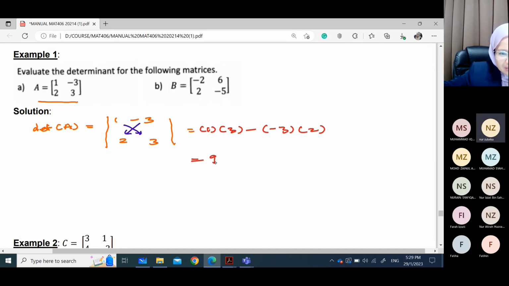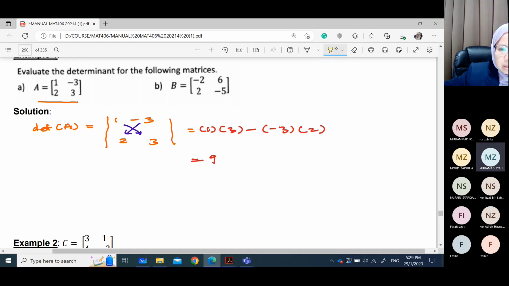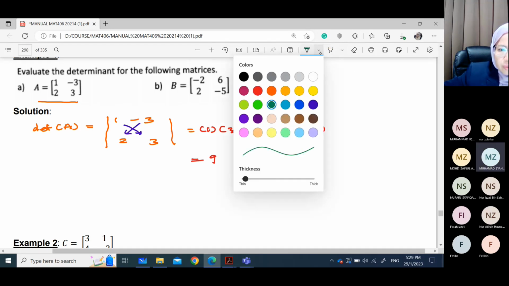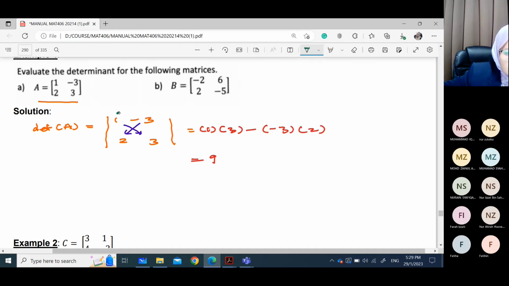Puan, kalau macam ni nak guna board mass ke? Board mass, yang ni tak perlu. Sebab dia ada dia punya order dia. Makna kat sini, kalau ikut formula dia, yang ni adalah A, yang ni adalah B, yang ni adalah C, yang ini adalah D. So untuk formula bagi 2 by 2 matrix untuk cari determinant is AD minus BC.